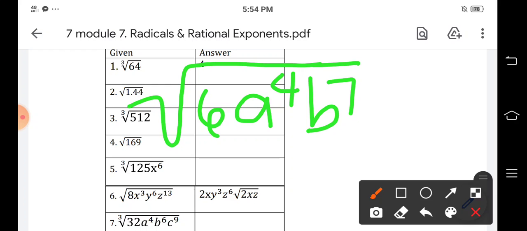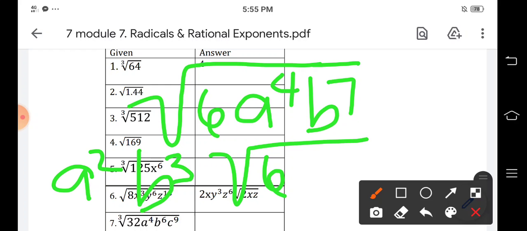Then the square root of a to the fourth is a squared. Then b to the power of 7: 7 divided by 2 is 3, so the remaining is 6b. So the answer is a squared b cubed square root of 6b.